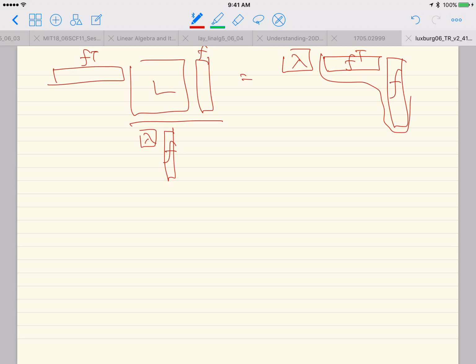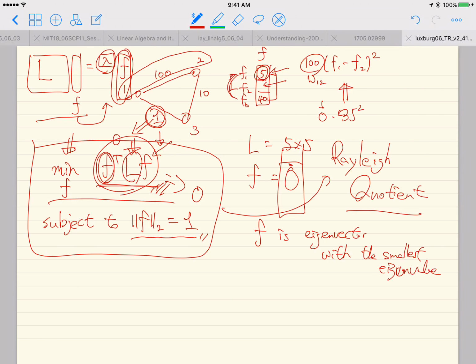This f transpose f is the same as the f 2-norm squared, which is 1. So if this lambda is the smallest, then this is your solution, the optimal minimal value.